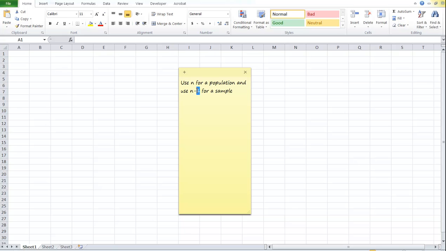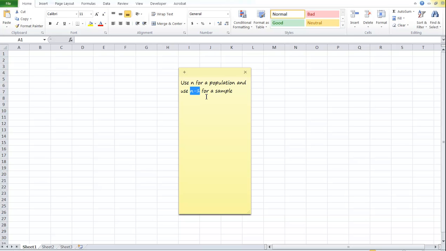If you're trying to estimate the standard deviation of the population, and of course you're using your sample data to do that, it turns out that dividing by n minus 1, for some mathematical reason, gives you a better chance of getting an accurate estimate of the standard deviation in the population. So we use n minus 1 for the sample.